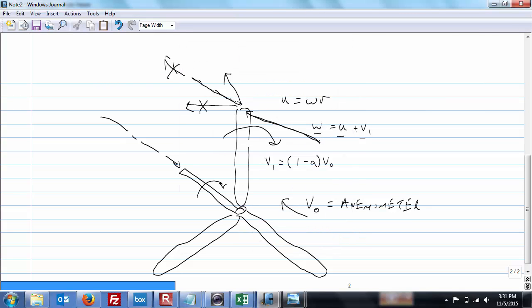Well, I'm just going to draw right over it. Sorry. Here goes V1, right up there. There's V1, and here's U, and together U plus V1 equals W.